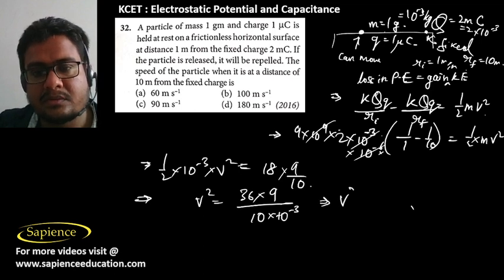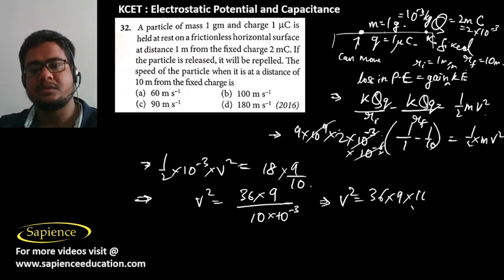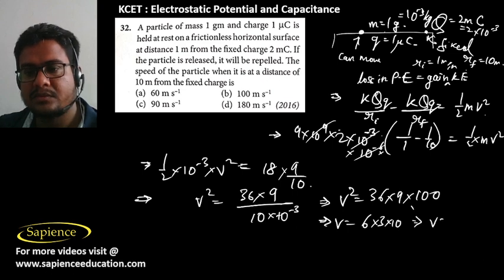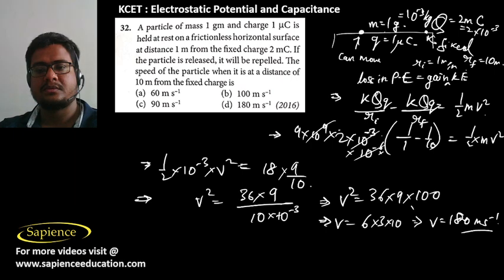V square is 6 into 9 into 100, so V will be equal to 6 into 6 into 10, which is 80 meter per second. Option D is the correct answer.